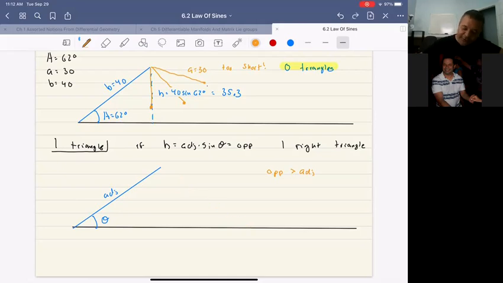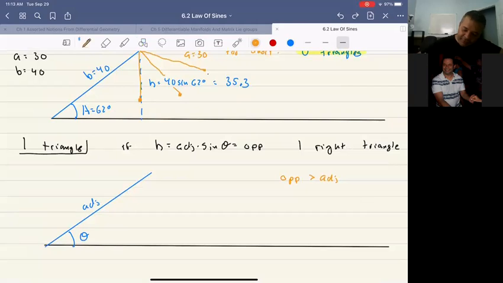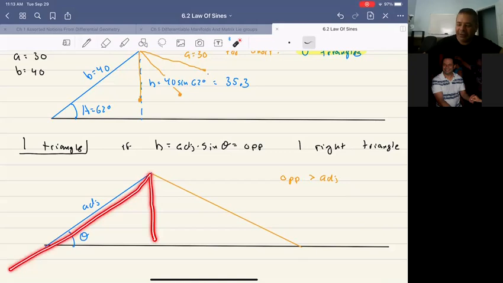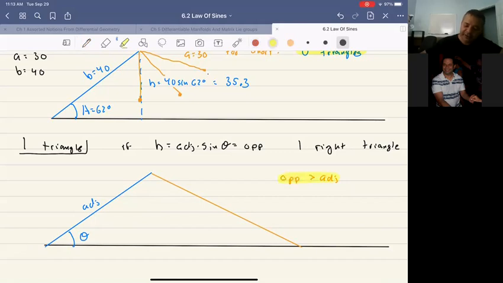Let me draw that a little more exaggerated. We could have a triangle over there, but what's going to happen if I try to do that over on this side? If I try to take something this long and put it on the inside of this triangle, it's not going to work. This side has to be less than the adjacent side. So if we have the opposite bigger than the adjacent, then we're only going to get one triangle.